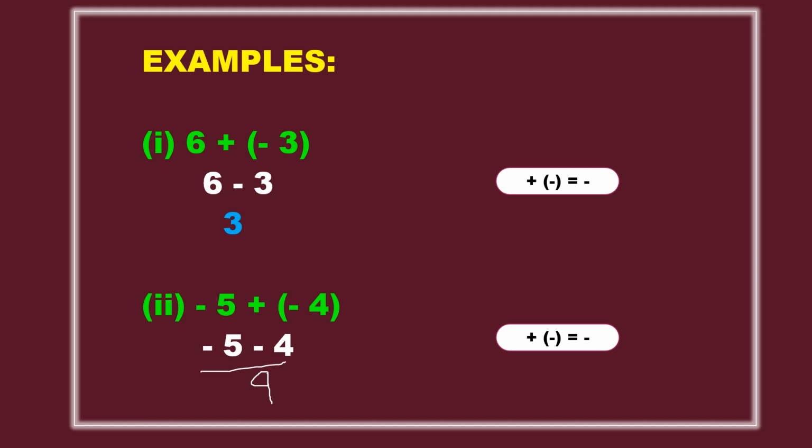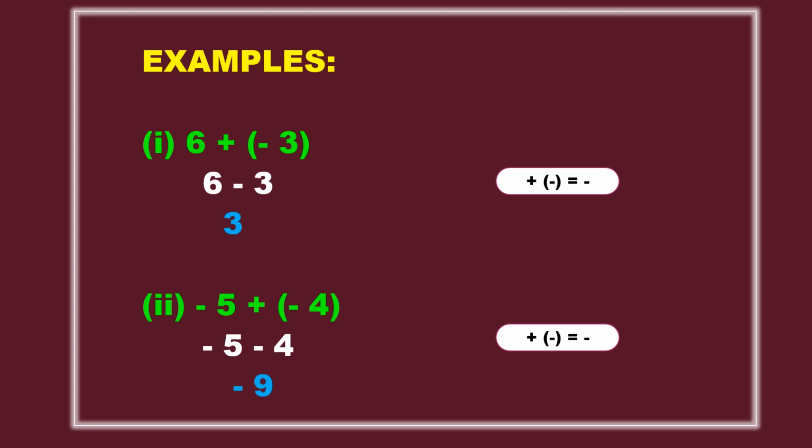Okay, I got 9. Now what symbol should we put whenever you are adding? You should put the same symbol. Just now we discussed who is a friend of same. Same means same only. Same symbol to the answer. Okay, so both are having minus symbol, so you should put minus symbol to the answer. So you'll get minus 9.